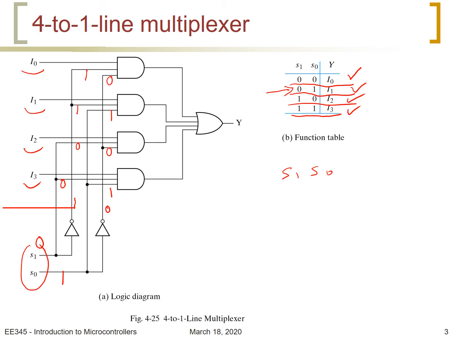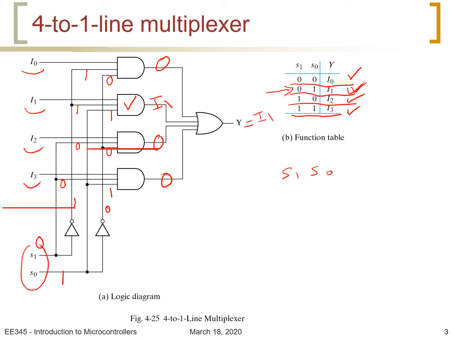If we look at the AND gates now, the only AND gate that has two inputs of 1 is this one here. Therefore, the output will be I1. All other AND gates will have one input 0 or two inputs 0, which means the output must be 0. So this is 0, and this is 0, and this is 0, and Y will be equal to I1. So I1 is selected.